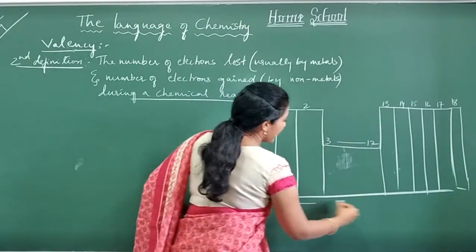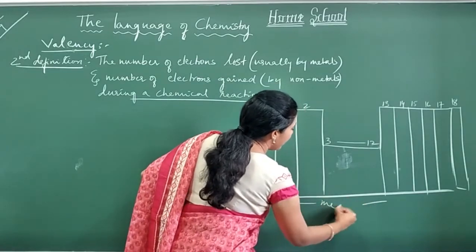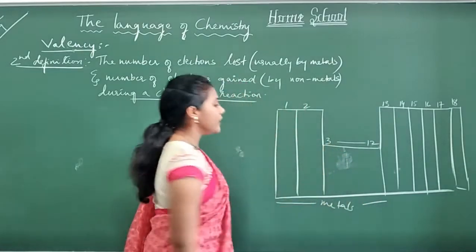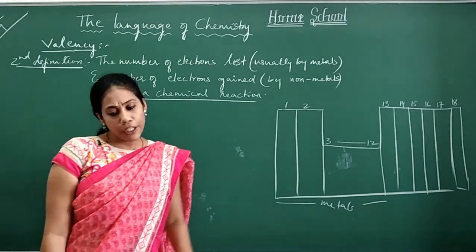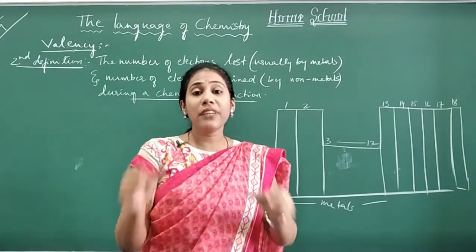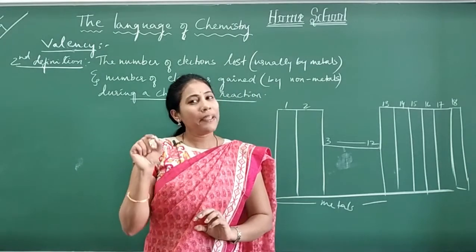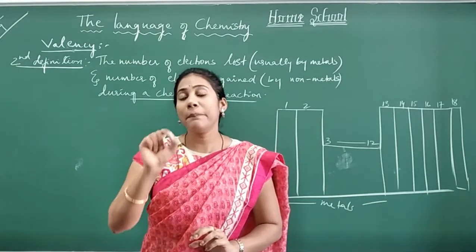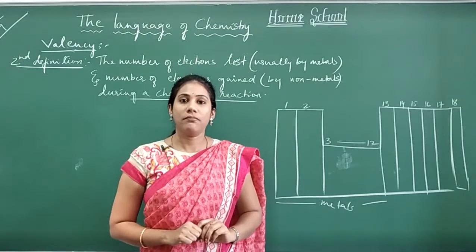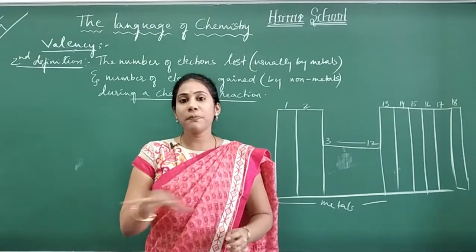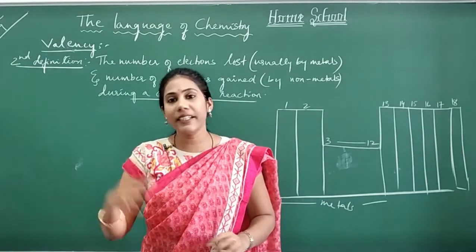All these elements normally we call them as metals. During a chemical reaction, they will always lose electrons. Say, a chemical reaction is nothing but a business between the electrons. In normal language, business means giving and taking money.